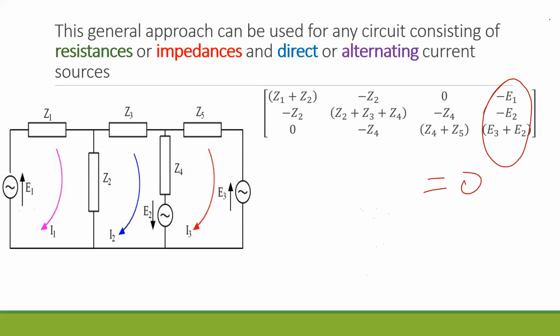Ms. Richards, for mesh 1, which terminal is the current entering? The source terminal, from bottom to top. Which terminal is the current I1 entering in mesh 1?